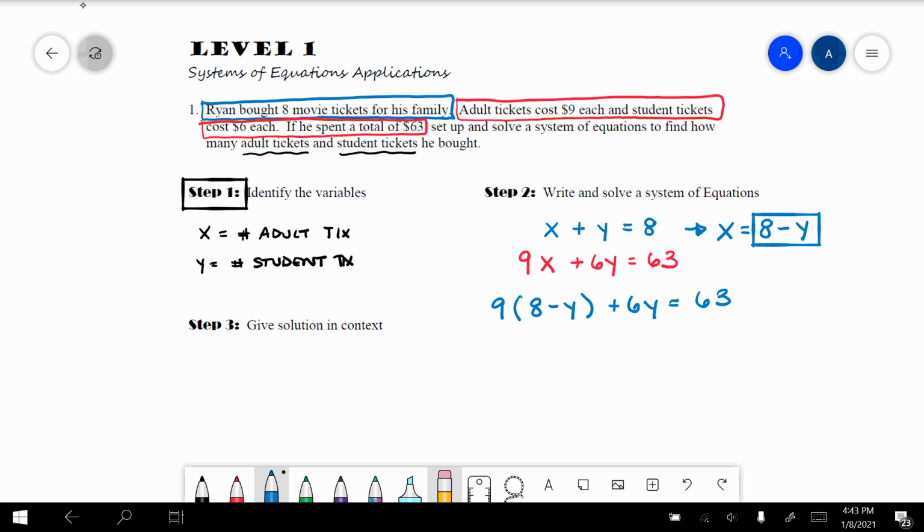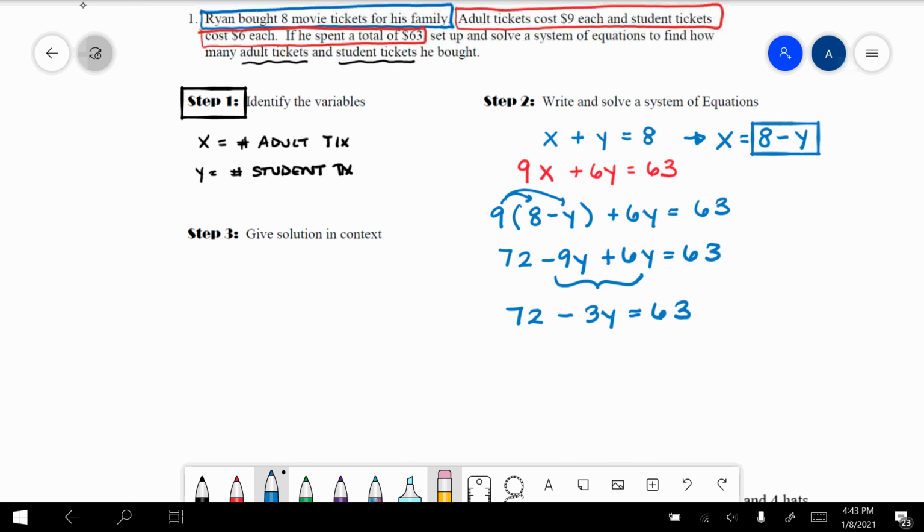All right, let's take it from here and get your calculator. Let's multiply. We get 72 minus 9Y plus 6Y equals 63. Combine like terms, 72 minus 3Y equals 63. Okay?